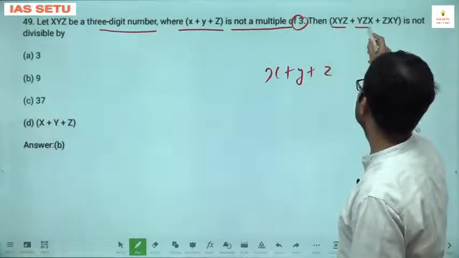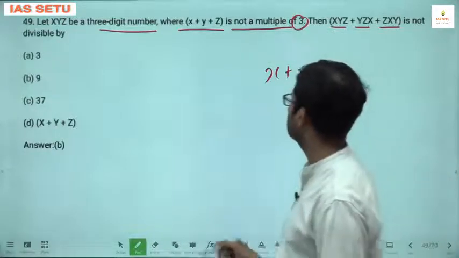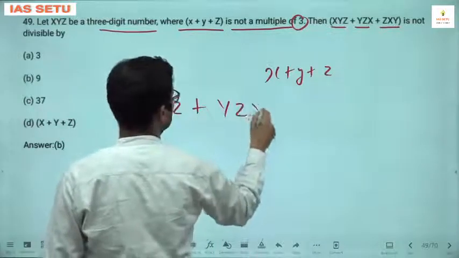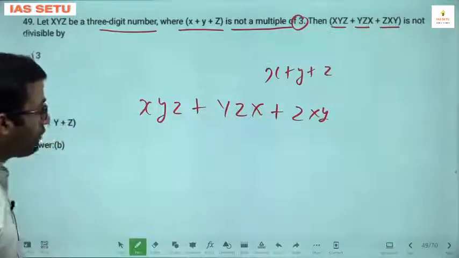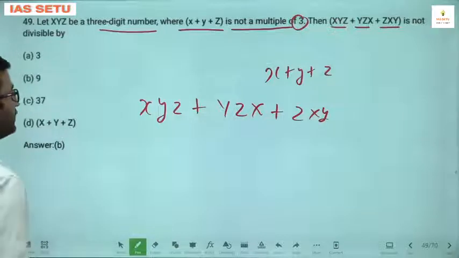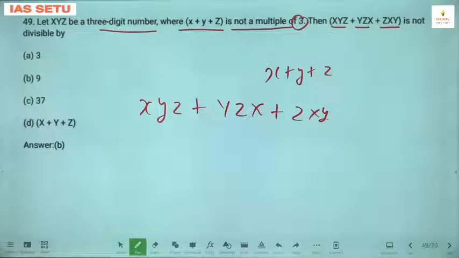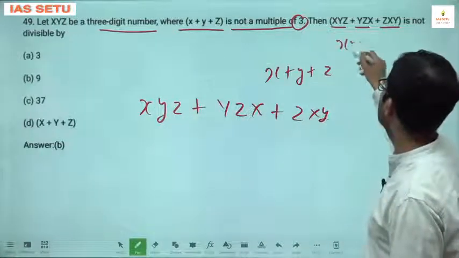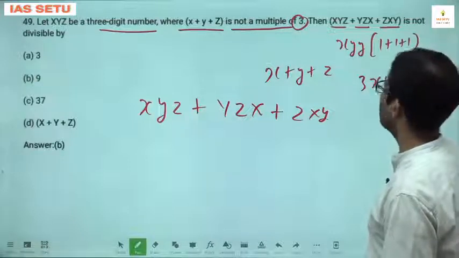XYZ, ZYX is not divisible by... like here, see here, X, Y, Z common, 1 plus 1 plus 1, so it is 3 times XYZ.